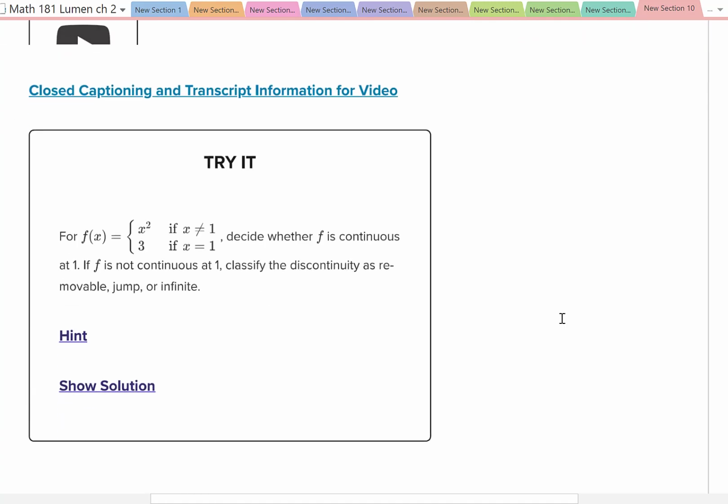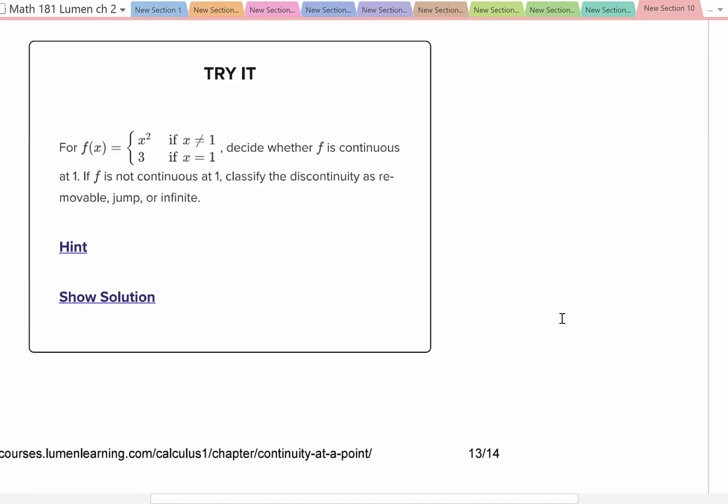And there's another video to watch, and then here's one more thing. Decide whether f is continuous at 1. If not, classify the discontinuity as removable, jump, or infinite. So here we have our limit as x approaches 1 of f of x, or of x squared.